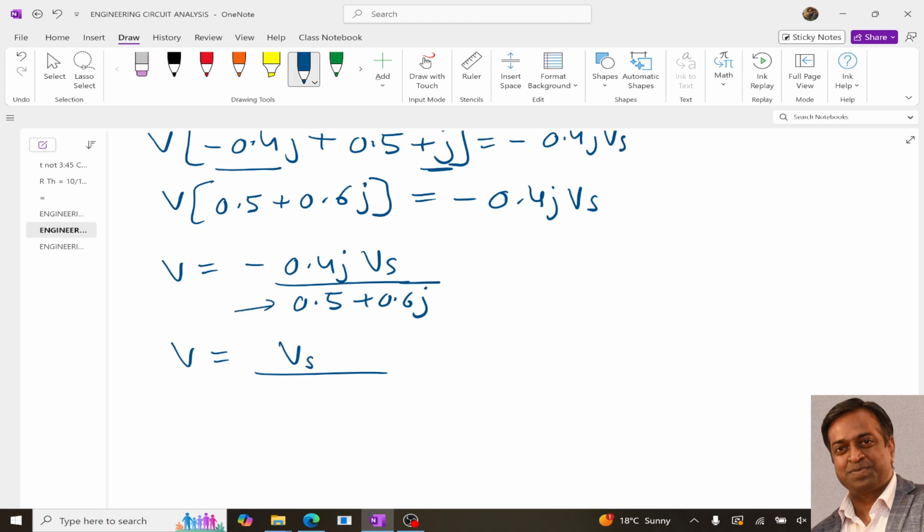So it will be minus 0.4j plus 0.6j upon minus 0.4j. So this can be expressed as Vs upon minus 1.5 plus 1.25j.